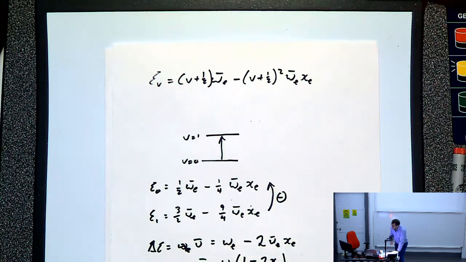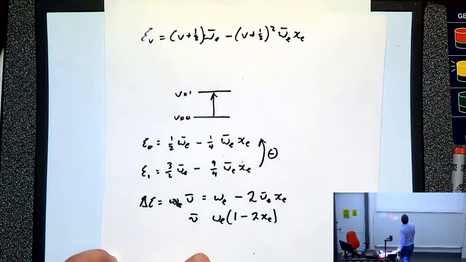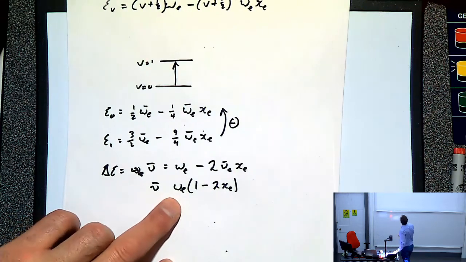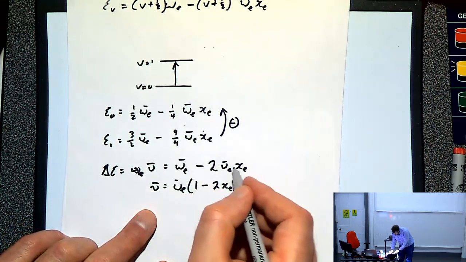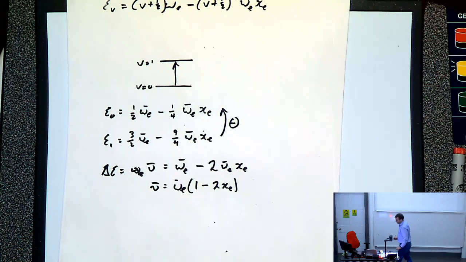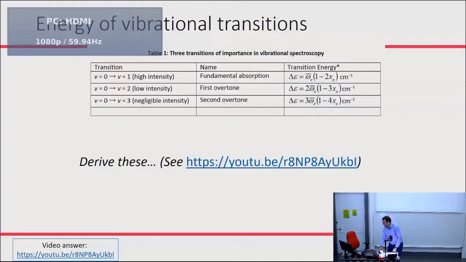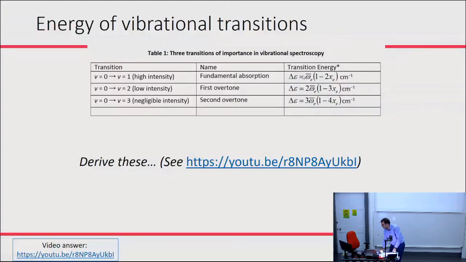So that first spectroscopic transition, as you can see, I've derived pretty easily, is omega bar e times 1 minus 2 x_e. That's where these values are coming from in this table. The 0 to 1 is the difference. This is the essential transition of importance in infrared spectroscopy.